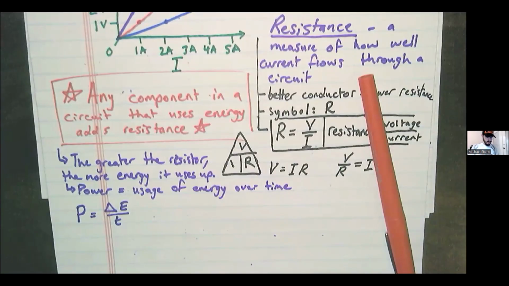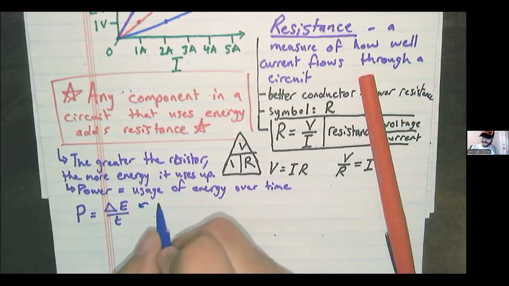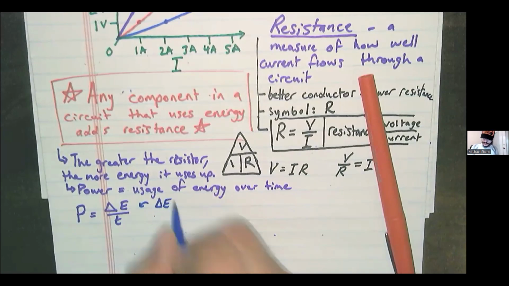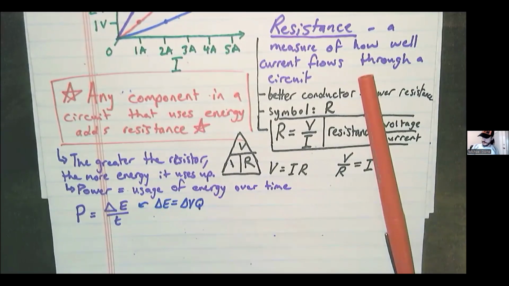This is old news, but where have we lately seen energy? In which of the equations in the video so far? You're right. It's the voltage. So energy can be found from voltage times charge.